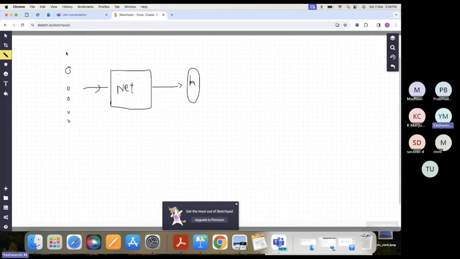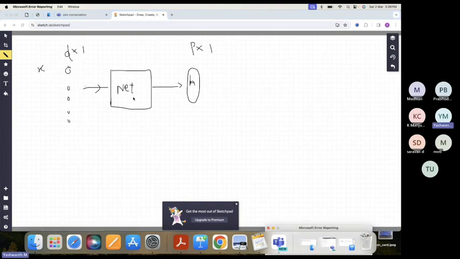Say this is D-dimensional, D cross 1, and this is P-dimensional, P cross 1.